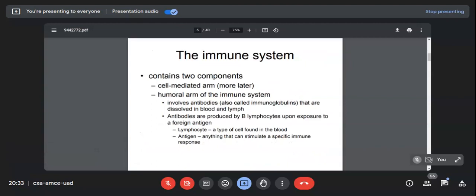You discover that adaptive immunity, like I had said in the beginning, contains two components or two types. Adaptive immunity is made up of two types. The first type is what we call the cell mediated type, which I'll talk about in a few minutes. And the other type is what we call the humoral type of adaptive immunity. So now, someone will ask us, what is cell mediated immunity?